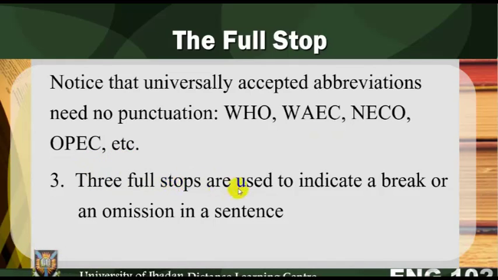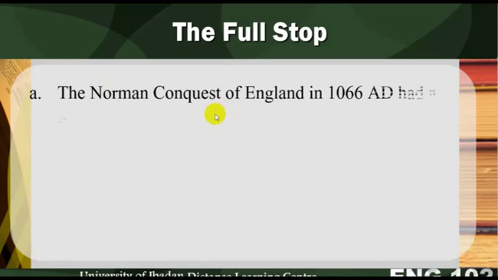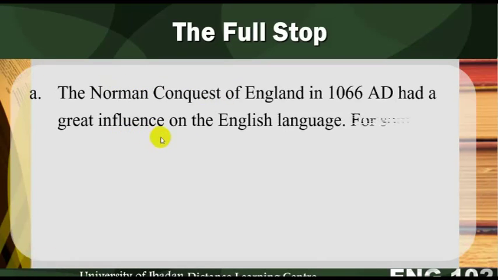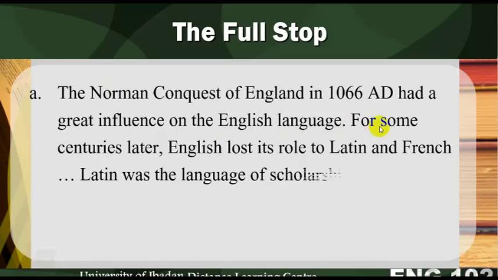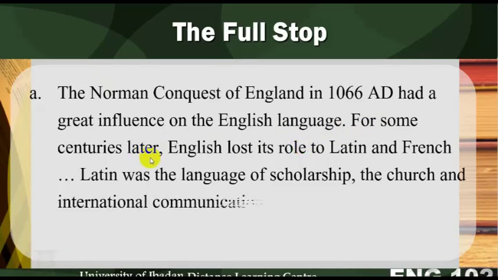3. Three full stops are used to indicate a break or an omission in a sentence. A. The Norman conquest of England in 1066 AD had a great influence on the English language. For some centuries later, English lost its role to Latin and French.